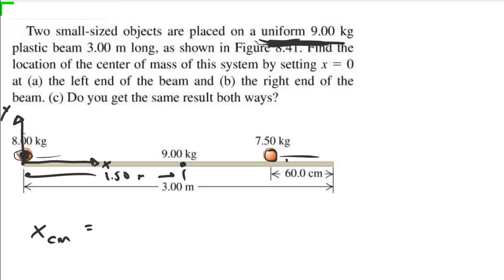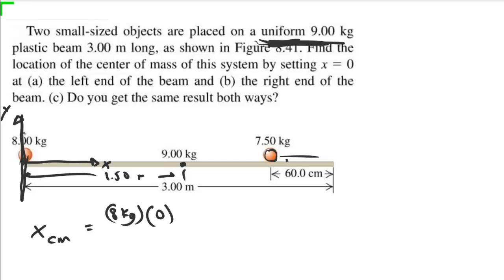So for the 8 kilograms, write it out here, we have 8 kilograms times its center of mass with a coordinate system over here on the left side. Its center of mass in the x direction is 0, right?